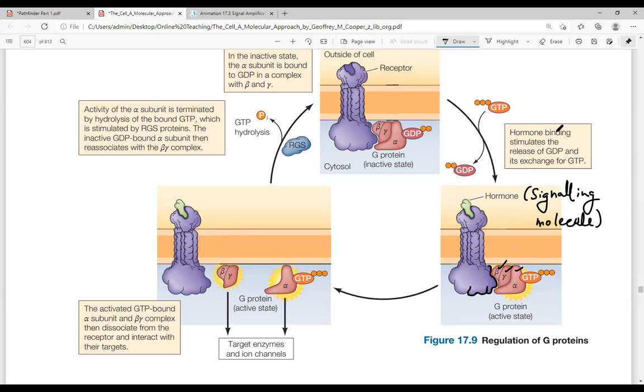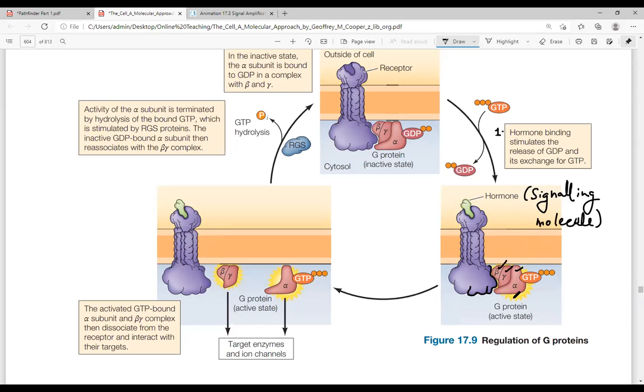Hormone binding stimulates the release of GDP and its exchange for GTP. That is the first step. Once the hormone is bound, the GTP is going to be attached, and the GPCR is going to move from an inactive state into an active state.